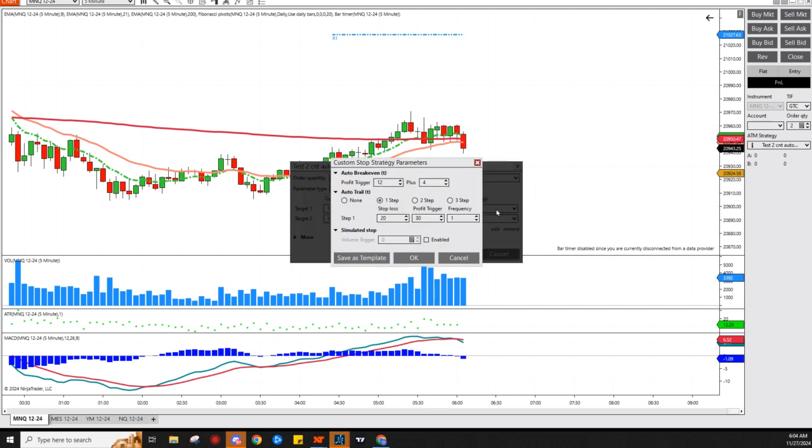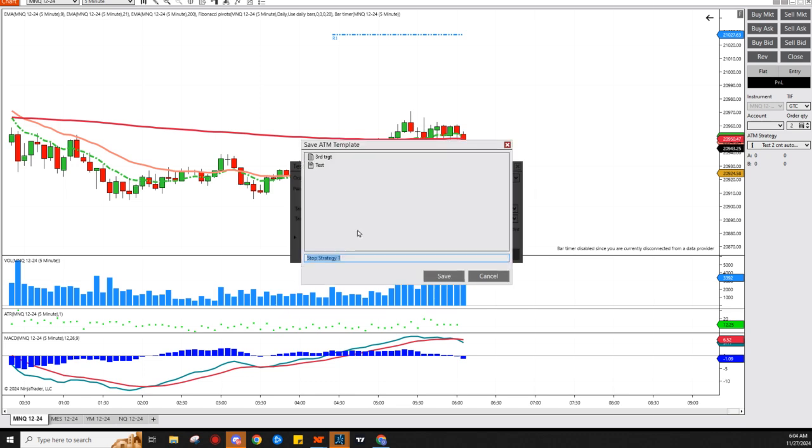Let me first fix this, save as a template, and this is going to be our normal strategy, so I don't forget about it.